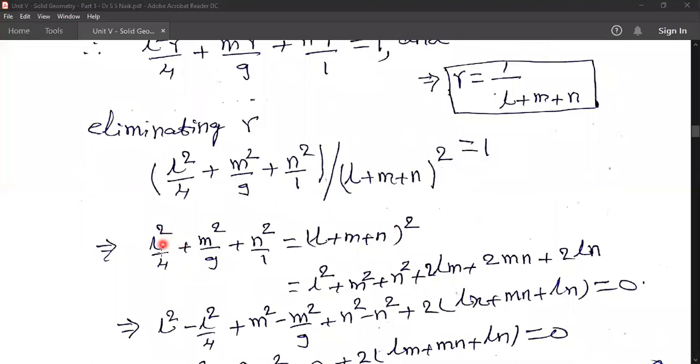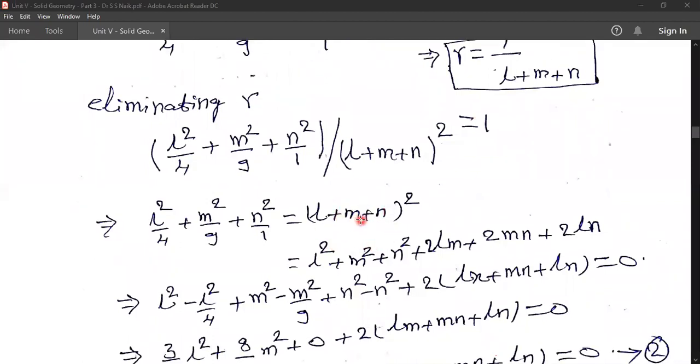This implies l squared upon 4 plus m squared upon 9 plus n squared upon 1 equals 1 upon (l + m + n) squared, so it becomes (l + m + n) squared.